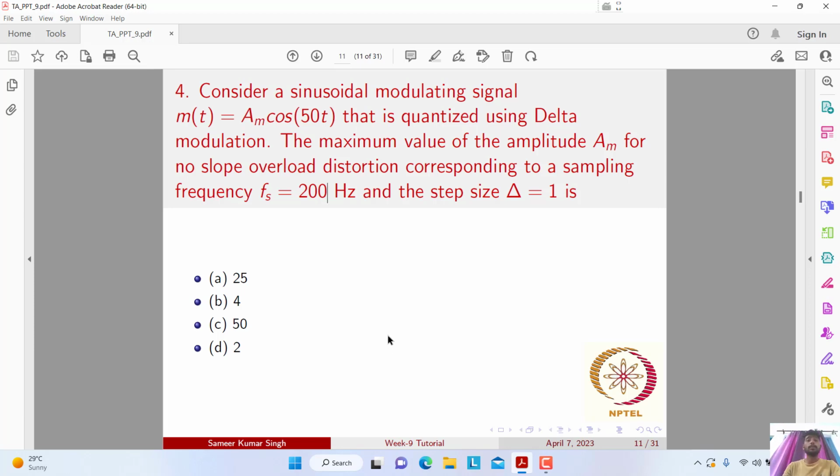Again, I'm repeating the question. We have to find the maximum value of Am to avoid slope overload distortion, where the sampling frequency is 200 Hz, the step size is 1, and m(t) is Am cos 50t.